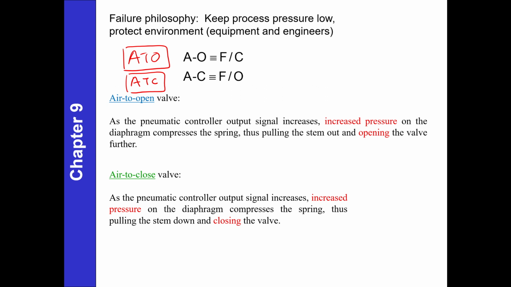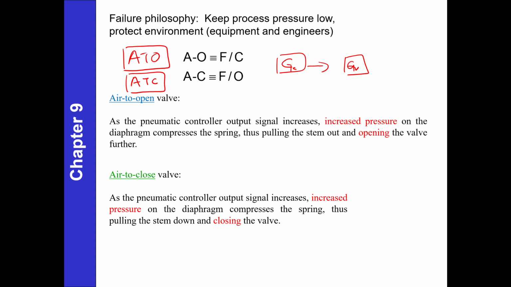You can watch in the video for the air to open valve, as the pneumatic controller output signal increases, meaning to say, from a controller, it will send a signal to a control valve, right? I will put it as GC, and GV.